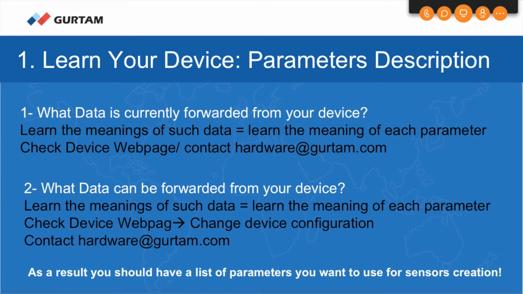In this case, you're paying attention to absolutely each parameter, and you decide, do you really need it or not? And if you need it, but it's not currently reported from your device, then you're changing the device configuration. And if you're unsure how exactly to do it, again, contacting the support of the device manufacturer, or also asking assistance by contacting hardware at gurtam.com, our hardware department.